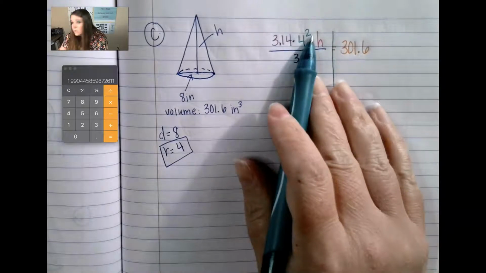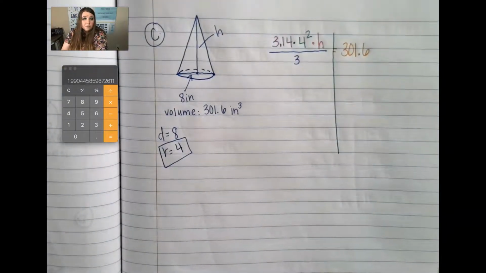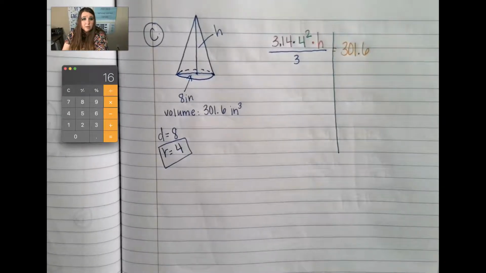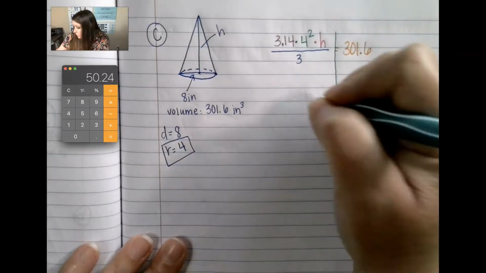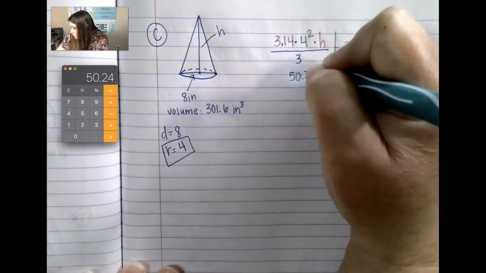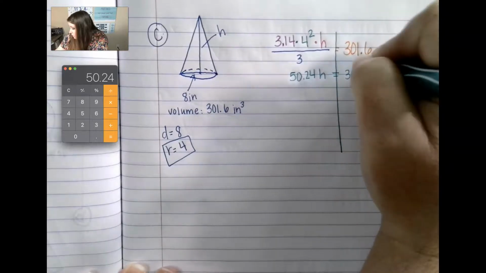I know that 4 squared is the same thing as 16 because 4 times 4 is 16. So I'm going to take 16 and I'm going to multiply that by 3.14. That gives me a total of 50.24 times the height. And again, it's going to equal 301.6.